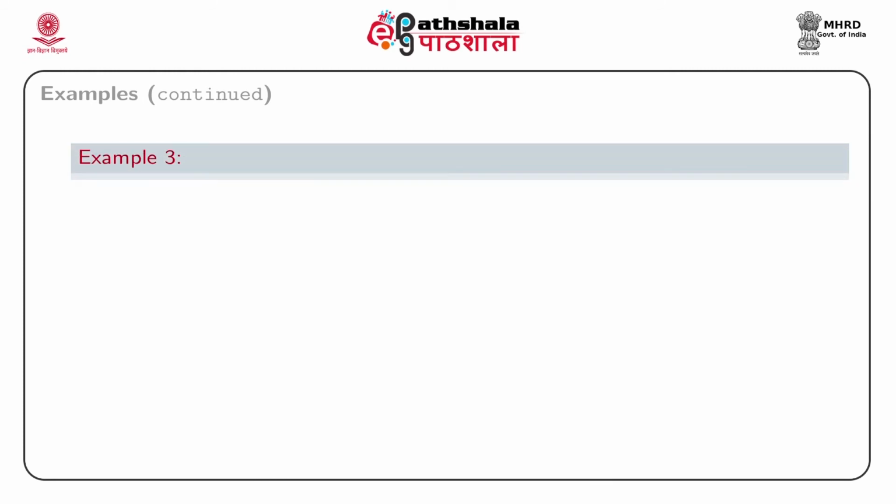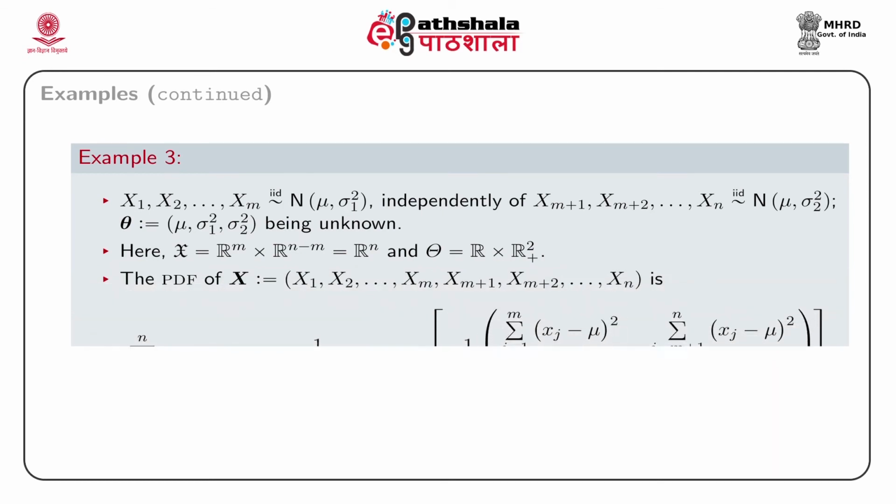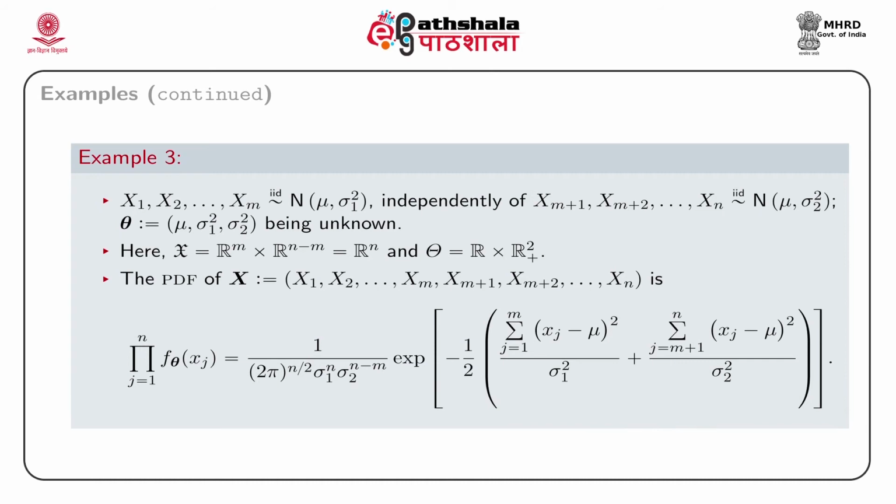Now the joint PDF of x1, x2 up to xn is given by f theta of x, here x is a vector. This is just 1 by (2 pi) to the power n by 2, into sigma1 to the power m, into sigma2 to the power n minus m, into e to the power minus 1 by 2 sigma1 square summation i from 1 to m (xi minus mu) whole square, minus summation over i from m plus 1 to n (xi minus mu) whole square divided by 2 sigma2 square.